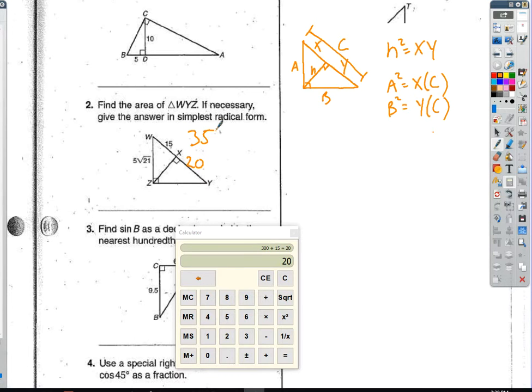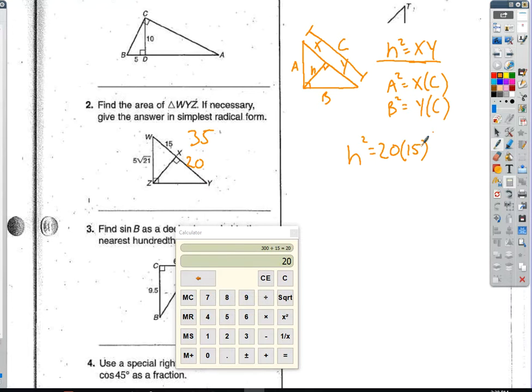Now, to find the area of a triangle, I need base times height, and height is the altitude, the perpendicular distance from the base to the top. So I need to find this distance, and luckily we have a relationship that's going to help. The height squared is going to be equal to 20 times 15.